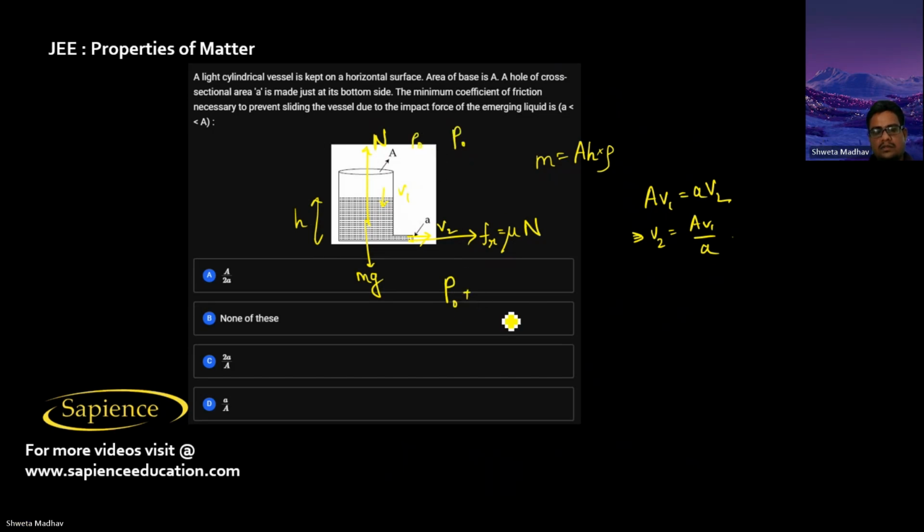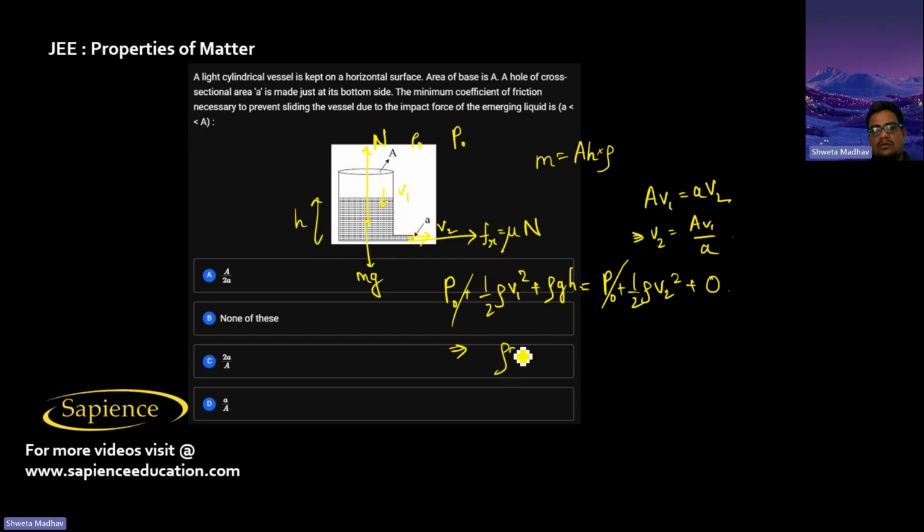So P naught plus half rho v1 square plus rho g h is equal to, let's say the hole is at height 0, which means it is at the ground level, P naught plus half rho v2 square plus 0. P naught will get cancelled. So you can say rho g h is equal to half rho into v2 square minus v1 square. So rho and rho will get cancelled.